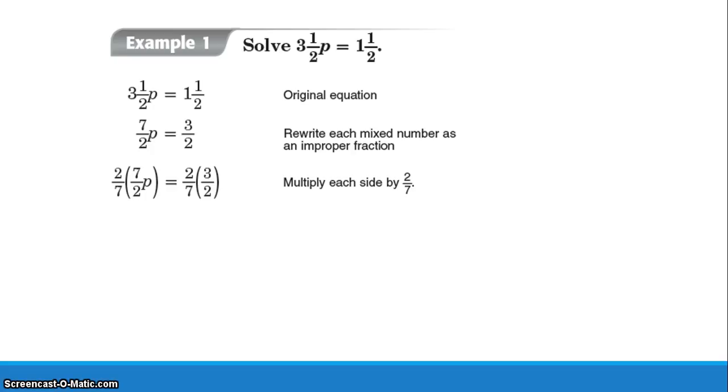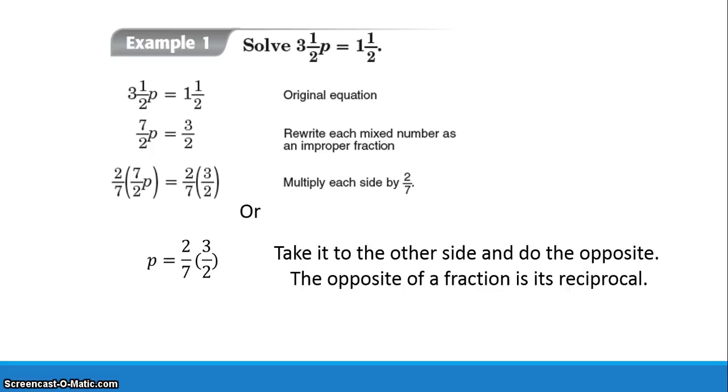Isn't that the same thing as just taking it over and using the reciprocal? So I think that is pretty simple. But once again, we can do Mrs. Swigard's. Take it to the other side, do the opposite. The opposite of a fraction is its reciprocal. It's up to you. And then we actually multiply and reduce. Okay, we could actually cancel the 2's out. Okay, next example.